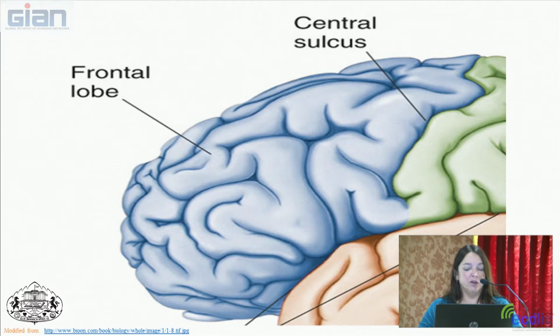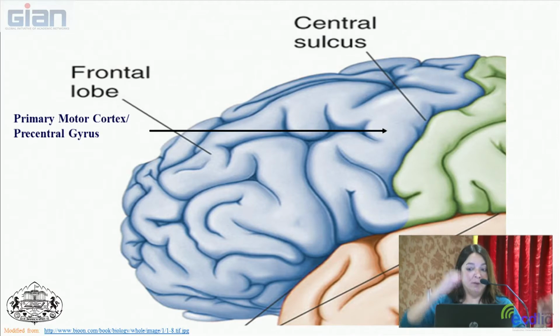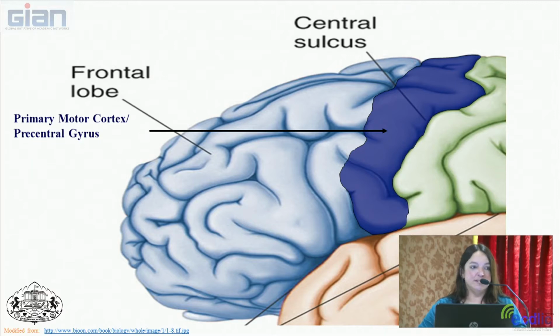Okay, here's the frontal lobe again, and there's the central sulcus that divides it from the parietal lobe. Again, the primary motor cortex is the first strip in front of the central sulcus. And you can see it there in the darker blue. You can also have Broca's area in the frontal lobe.